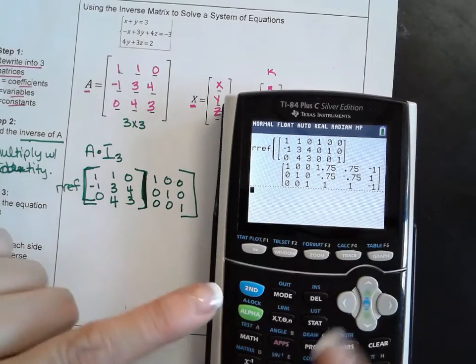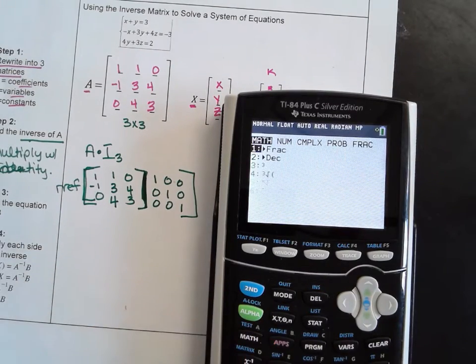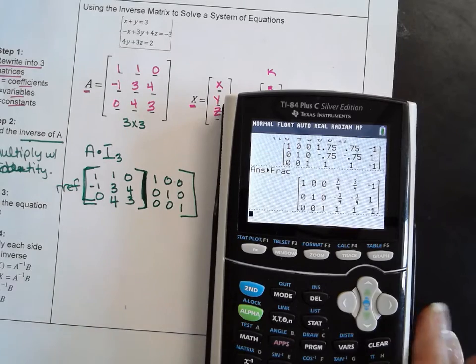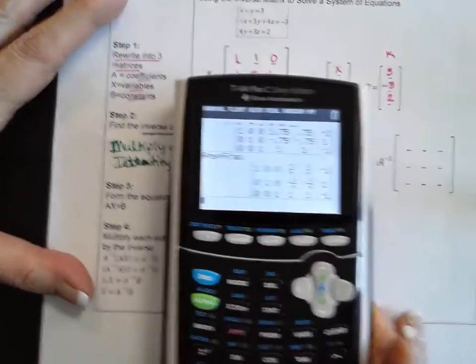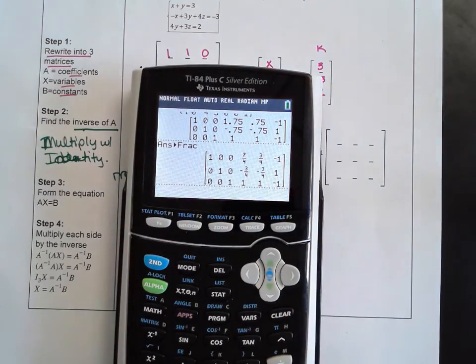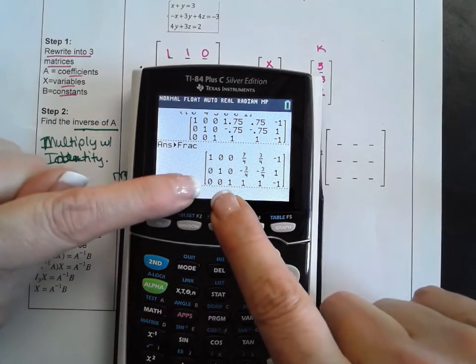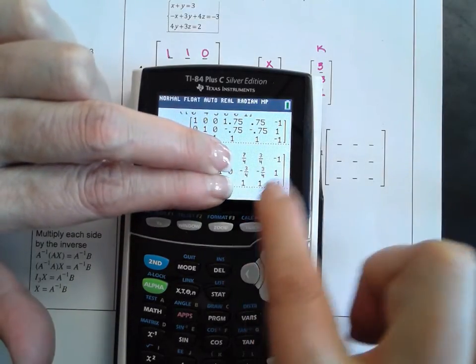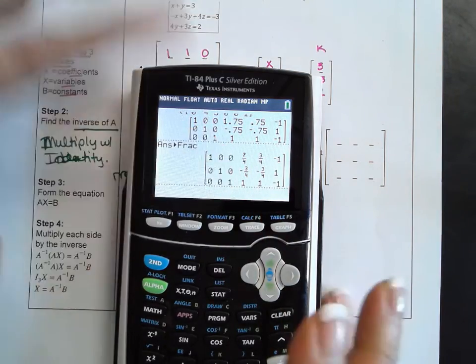this is what I get. First thing I want to do is change that to fractions. Now, when you're looking at it, what do you notice? They've kind of flipped around. I'm now in reduced row echelon, and this part is now my inverse.